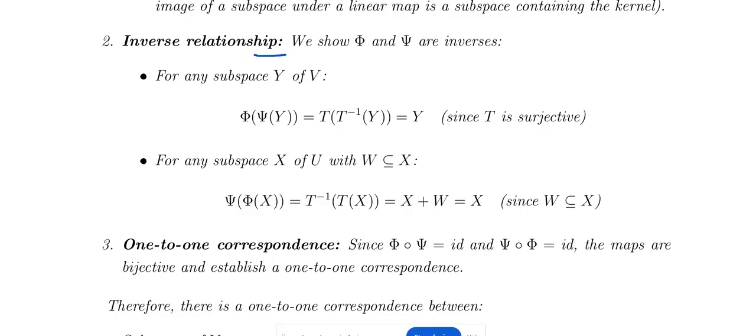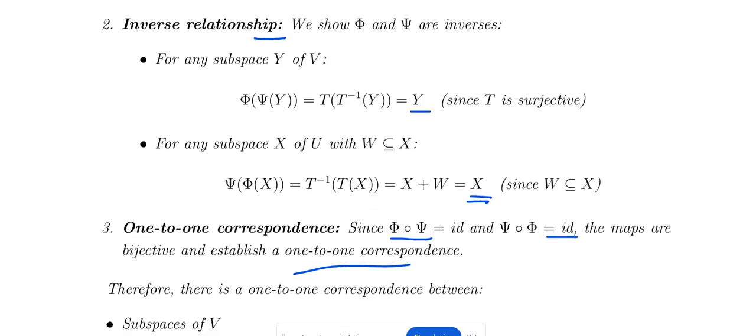So pi of psi of y means T of T inverse of y, that is y. அதே psi of pi of x னா T inverse of T of x, that is x plus W, which is equal to x. That is one-to-one correspondence because pi of psi equals identity and psi of pi equals identity. Now the maps are bijective and they establish the one-to-one correspondence.